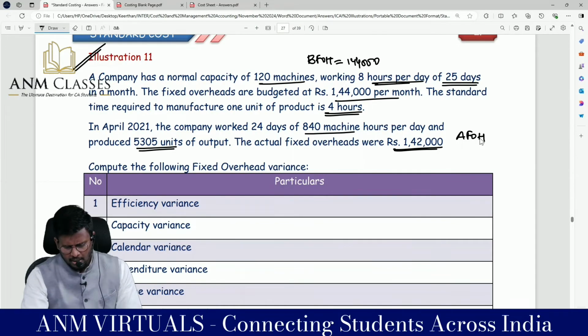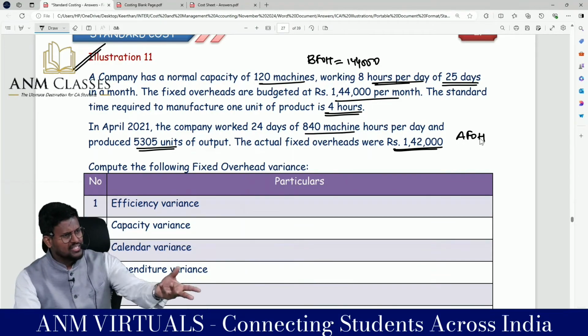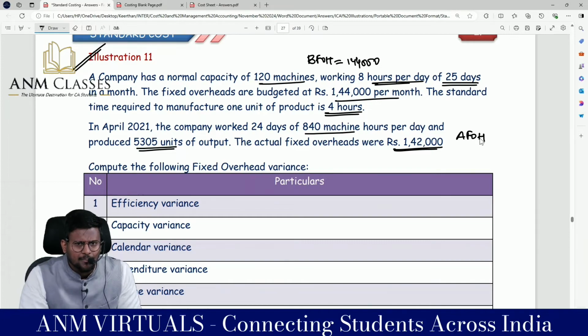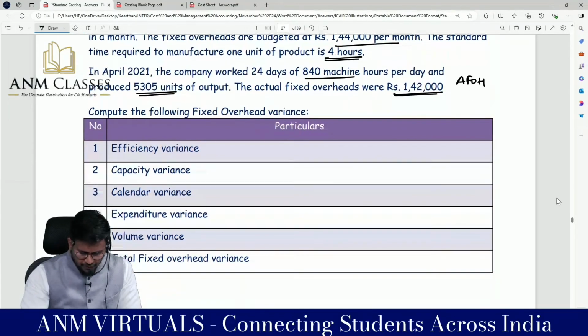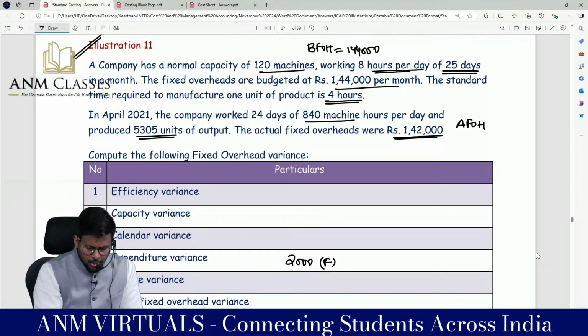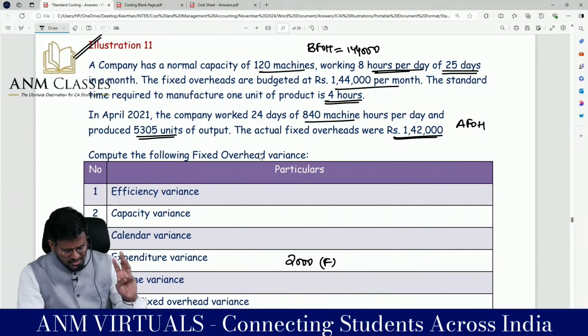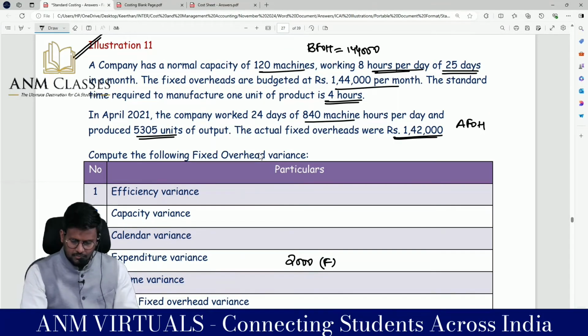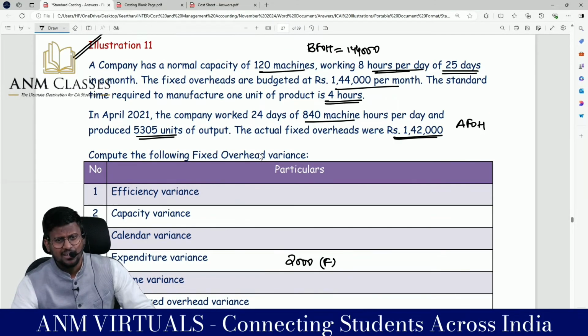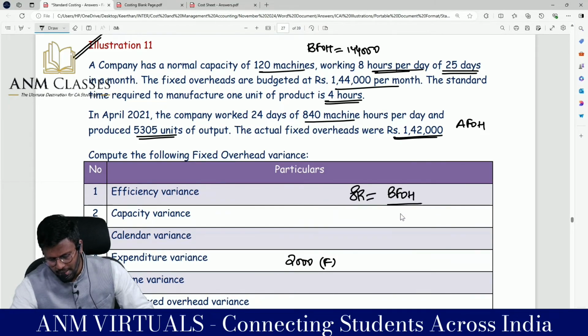AFOH is 1,42,000. So BFOH minus AFOH, 1,44,000 minus 1,42,000, is 2,000 favorable, which should be the fixed overhead expenditure variance. Are you all really with me? Yes, sir. Compute the following fixed overhead variances: efficiency variance, capacity variance, calendar variance, expenditure variance, and volume variance. Shall I find out the rate? Standard rate is equal to BFOH divided by budgeted output.